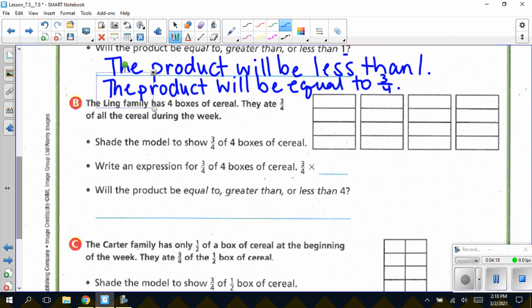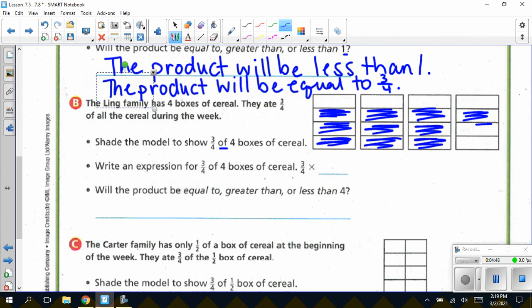Moving on to B. The Ling family has 4 boxes of cereal. They ate 3/4 of all the cereal during the week. Well, we need to show 3/4 of 4 boxes of cereal. So we are going to shade in 3/4 for each box of cereal. So my expression, because I'm taking 3/4 of 4 boxes, tells me I'm taking 3/4 times 4.